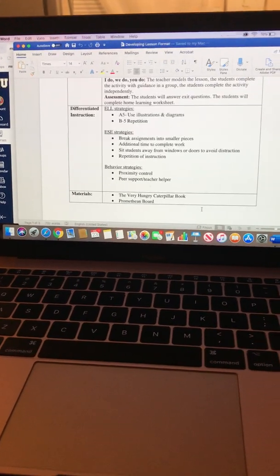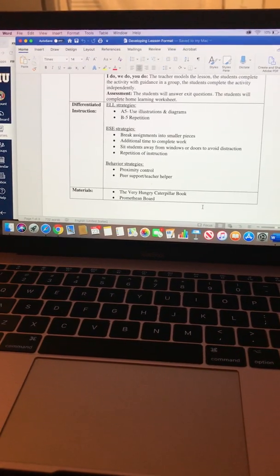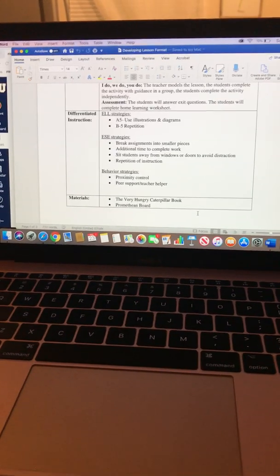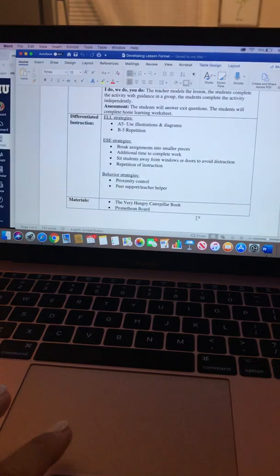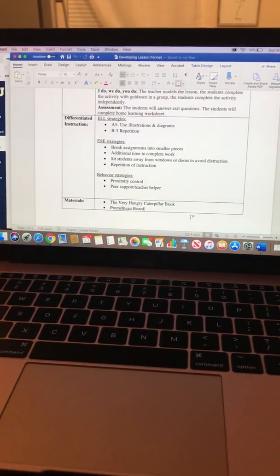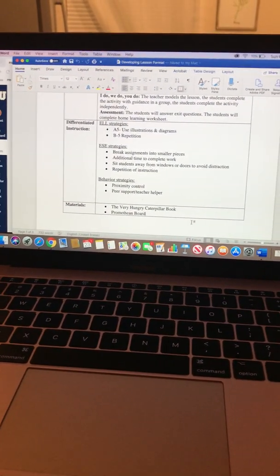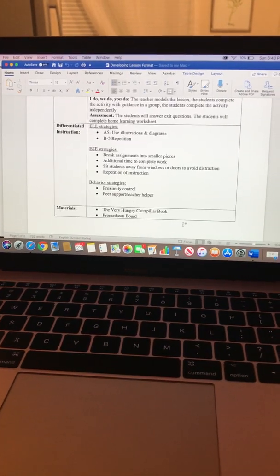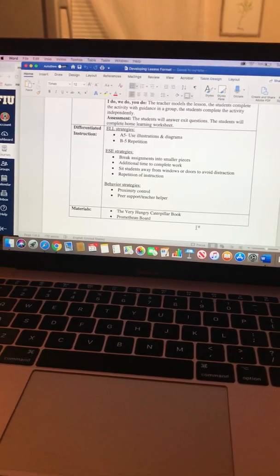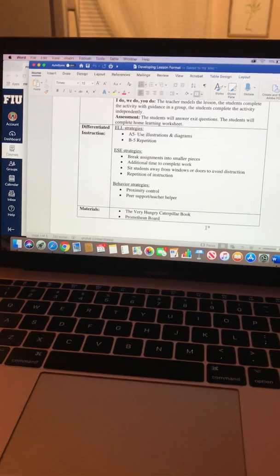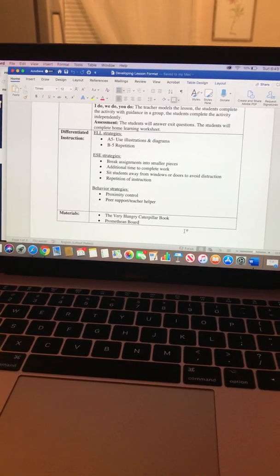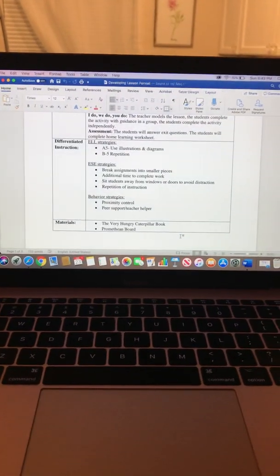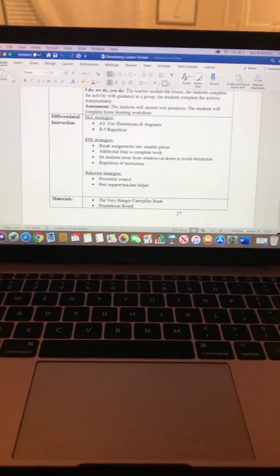Another great strategy that I use in my classroom is giving those students peer support, so they can work with a buddy, or maybe they can help a student who's academically lower than they are. It could give them a distraction away from not behaving so well. You can also make them your teacher helper in the classroom, have them pass out papers or any materials or supplies that you're going to be using during your lesson. Those are all a great way to manage those behavior issues.